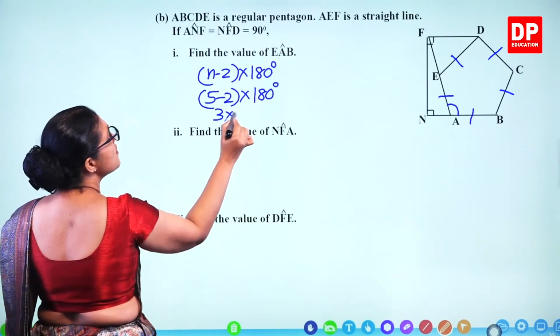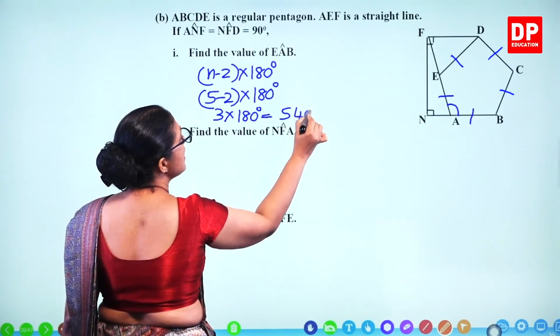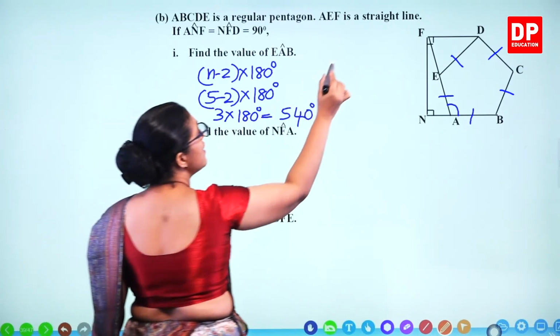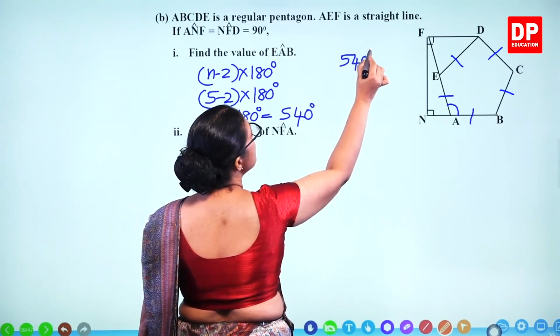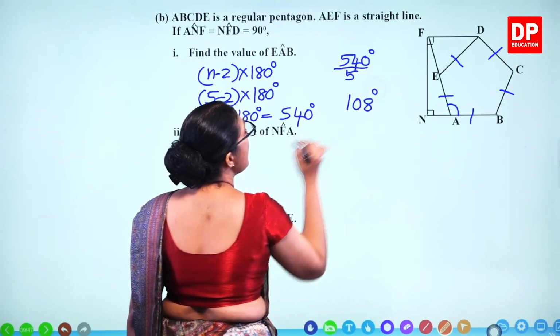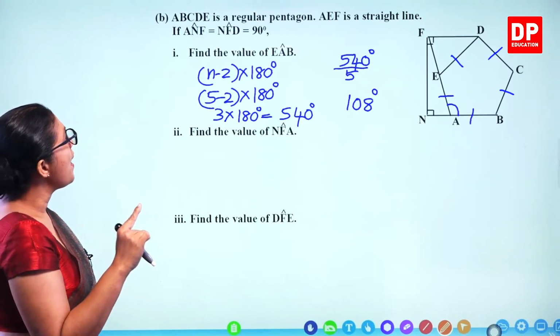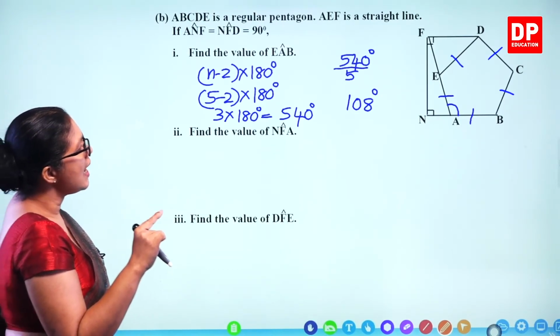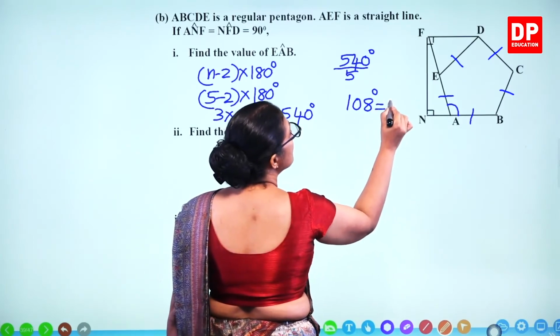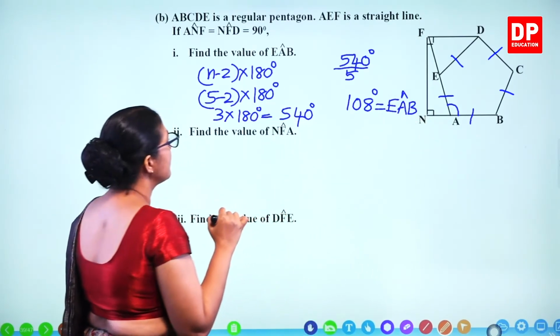So 3 times 180, you get 540. What's one angle? 540 divided by 5. So 108 degrees. So that's the FAB or EAB angle. So EAB angle is 108.